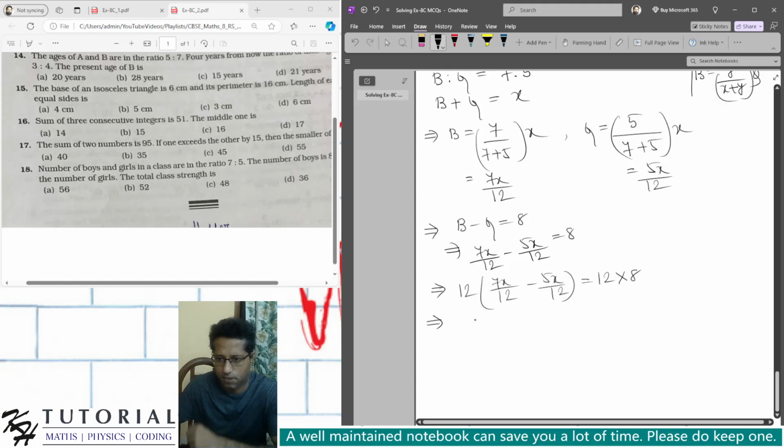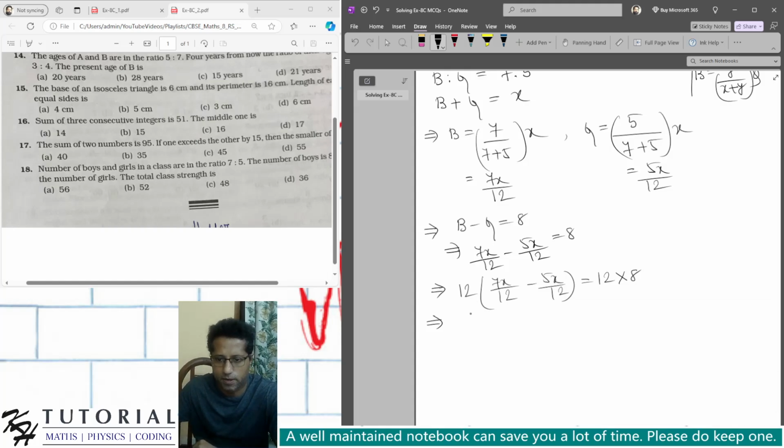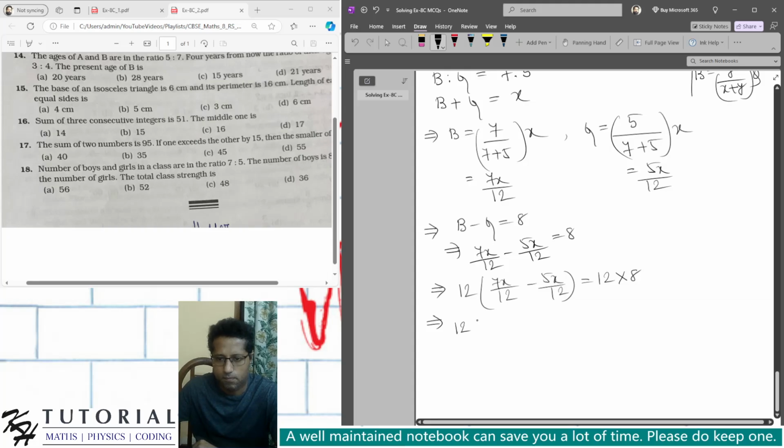Now if you do the product and expand the brackets on the LHS, you get 12 multiplied by 7x by 12 minus 12 multiplied by 5x by 12 is equal to 12 into 8, which is 96. This implies we have 7x minus 5x is equal to 96.